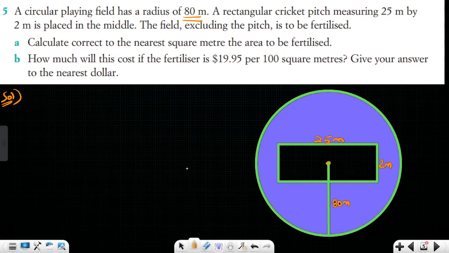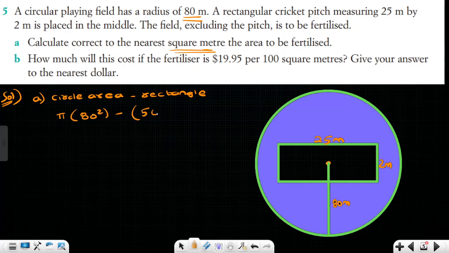Now, calculate correct to the nearest square meter the area to be fertilized. So first they want the blue color area, nothing but circle area minus rectangle area. Circle area will be pi into 80 squared minus rectangle area 25 into 2, that is 50.